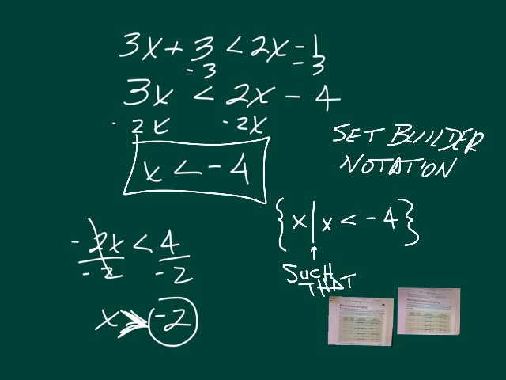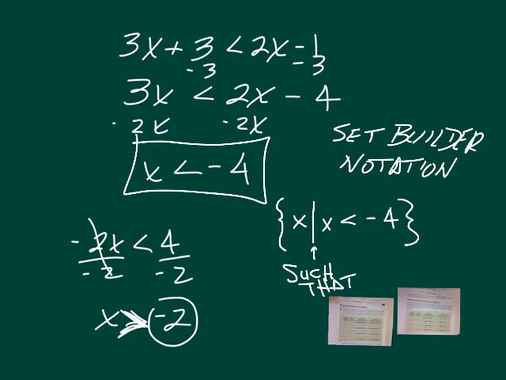And that's called set builder notation. What that says is the set of x such that x is less than negative 4. How many numbers are less than negative 4? A lot. How many is a lot? Infinite. How much is infinite? Incomprehensible. It makes your head explode.